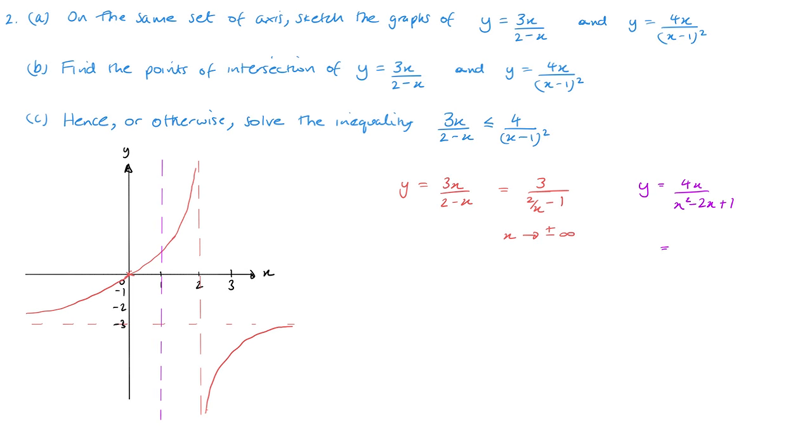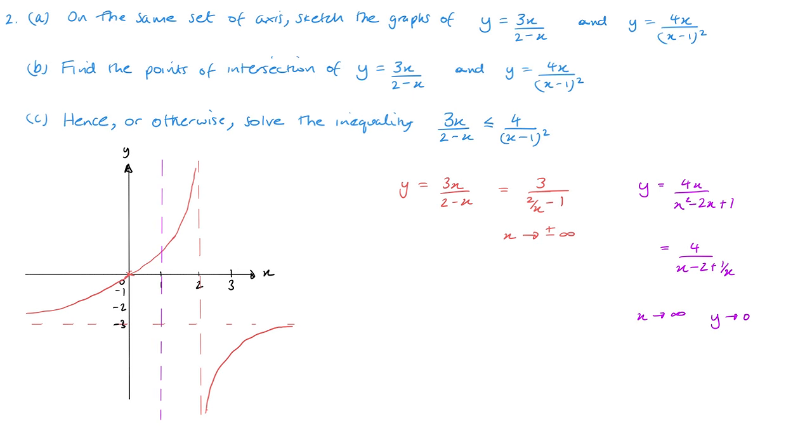So I'll write it out and I can divide through by x and get this. So as x tends towards infinity, we get infinity minus 2, and this will be 0. So 4 over infinity, which is very large, is going to be very small. So the y is tending towards 0.